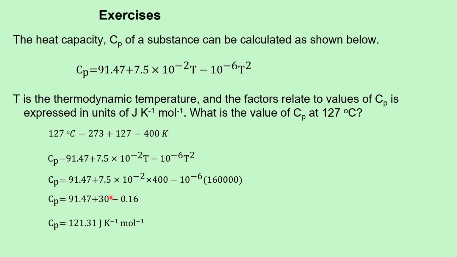And when you want to solve the problem, remember the rule BODMAS, and the last answer you should get is 121.31 joule per Kelvin per mole. Remember, the answer for the last part must be shown with the unit. Without the unit, you will not get any mark, although your answer is correct. Remember this.